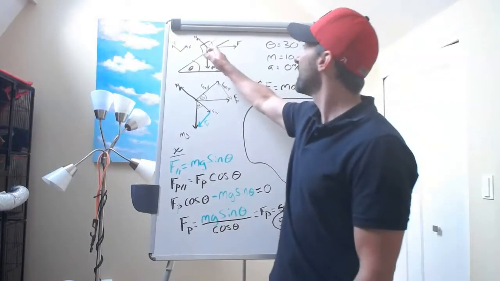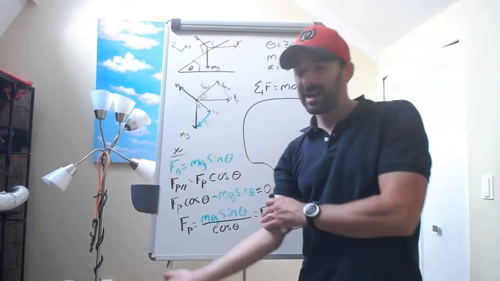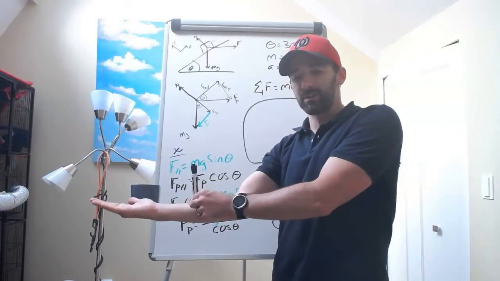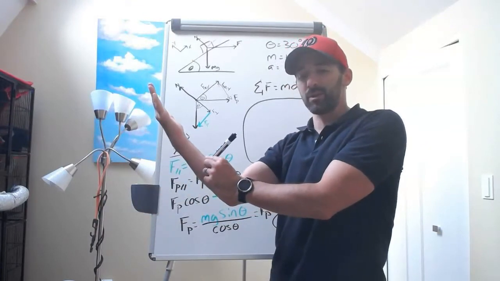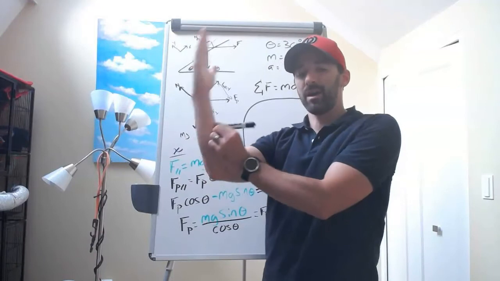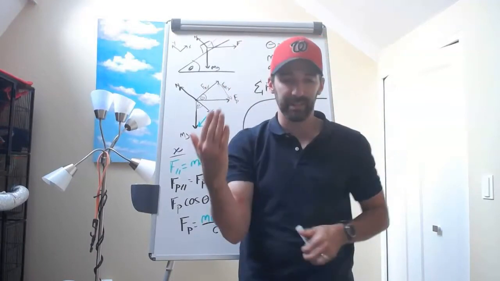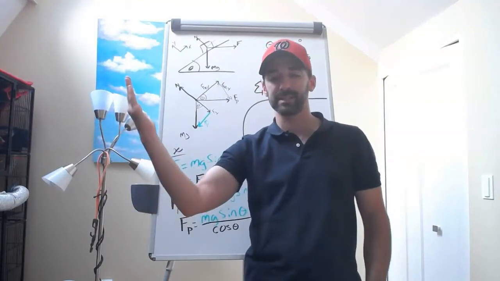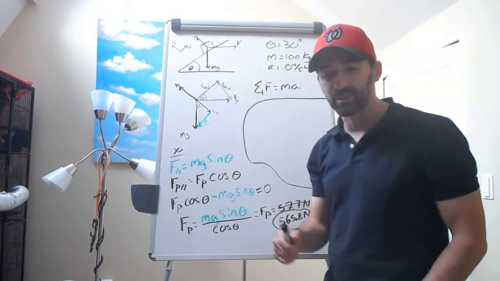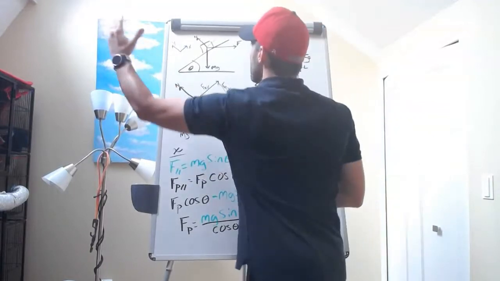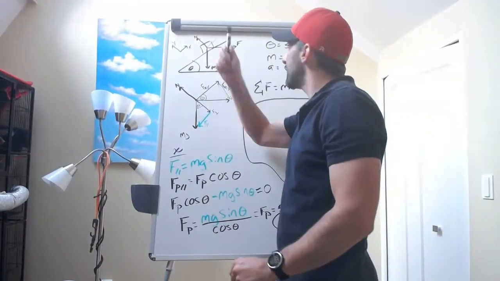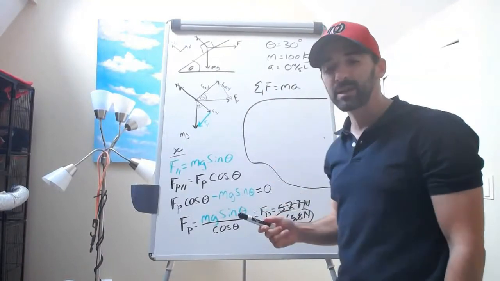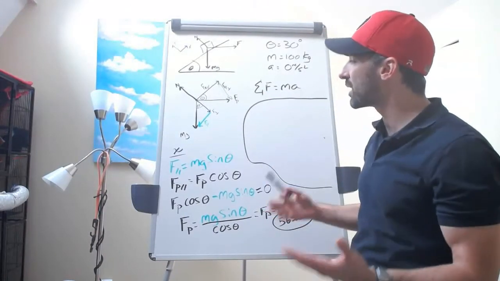But here, if this wasn't there, as I increase an angle, this marker is going to represent my normal force, and you can see the normal force is no longer straight down. Eventually, when it's perfectly vertical, there is no normal force. So as my angle increases, the normal force should decrease. But I'm literally pushing this into the plane of the ramp. So the normal force has to be bigger than my weight.